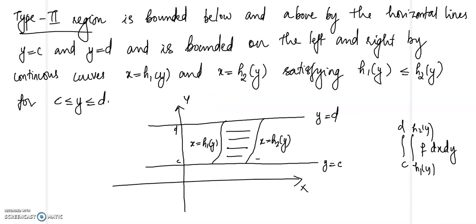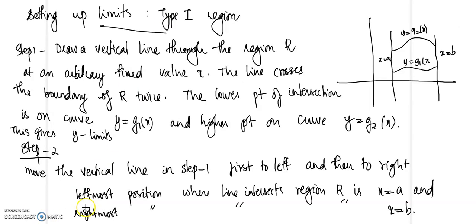Now let us see how to find the limits of integration in the form of type 1 and type 2. Let us look at how to set up the limits for a region of the form type 1.